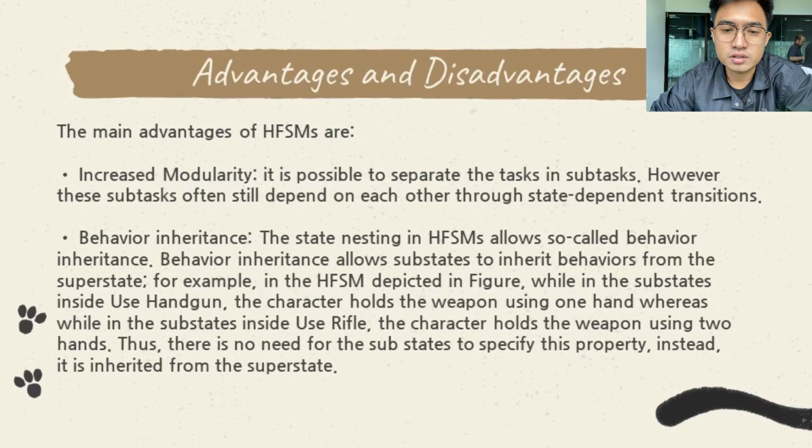Behavior inheritance. The finite state machine allows so-called behavior inheritance. Behavior inheritance allows substates to inherit behavior from the superstates.